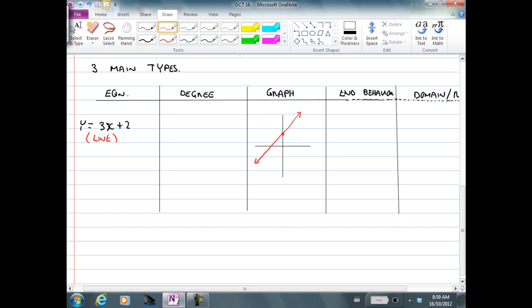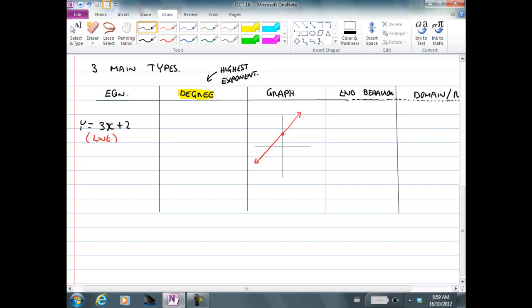Now, there's a new word I'm throwing at you. I'm not sure if you know this word yet, but degree. Degree means highest exponent. It's a fancy way of saying highest exponent. What's the degree going to be?